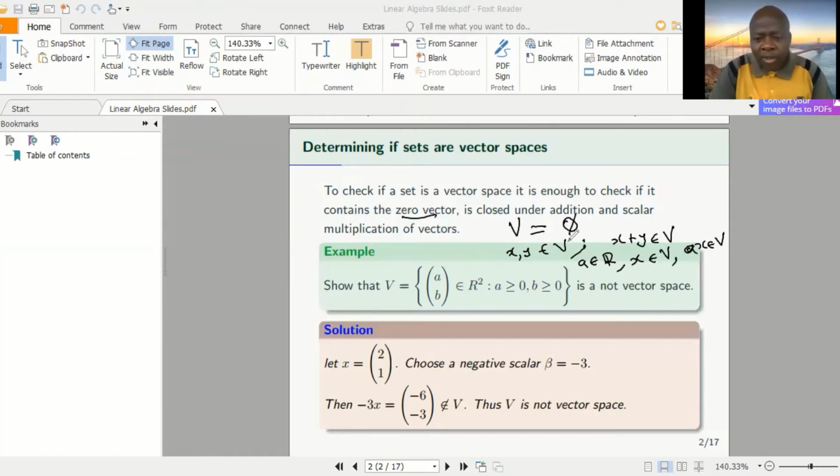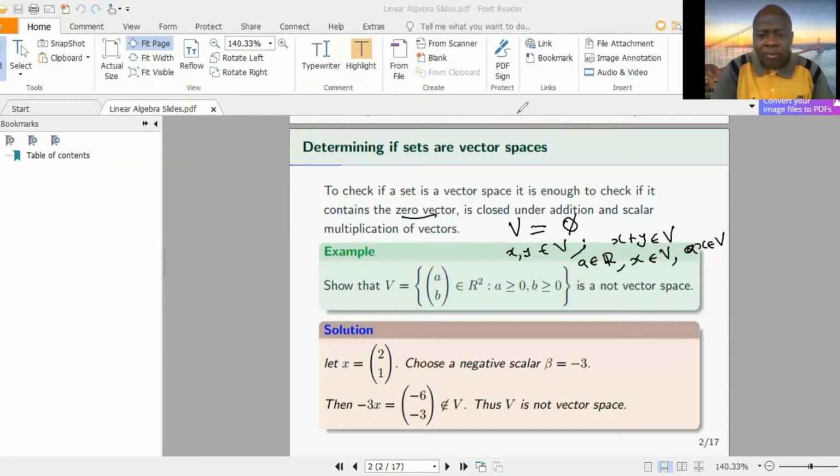Now, if one of them is not satisfied, then it's not a vector space. Once you discover that one is not satisfied, you don't need to proceed and prove that the others are not satisfied. Just show one, and that is enough to disqualify a set from being a vector space.